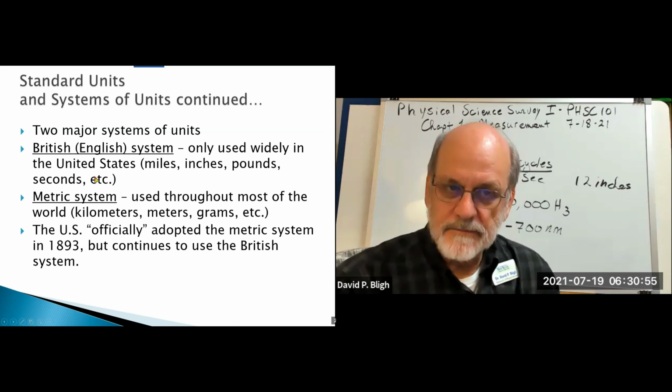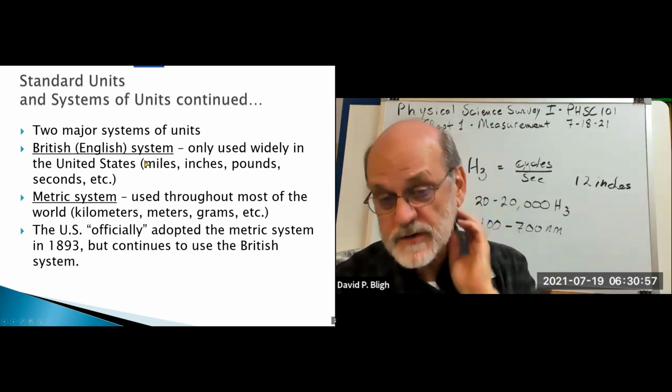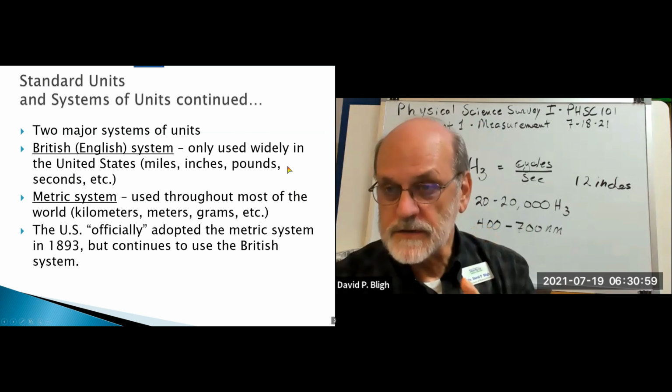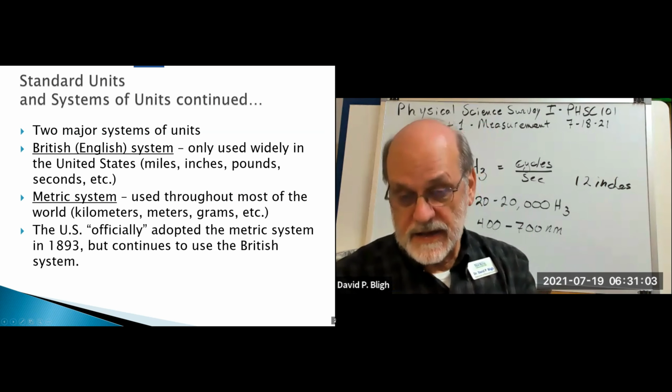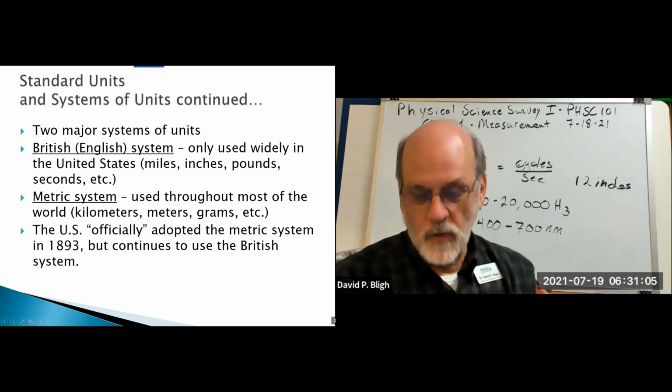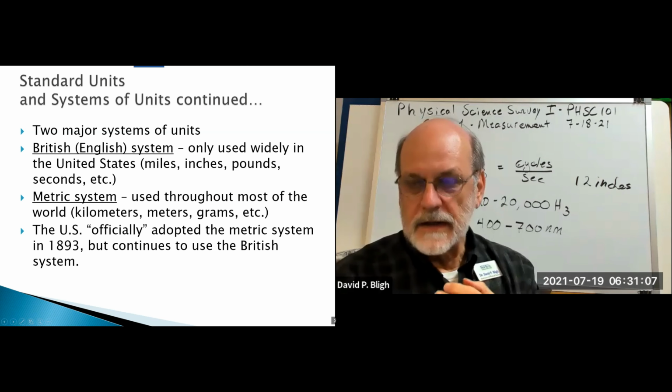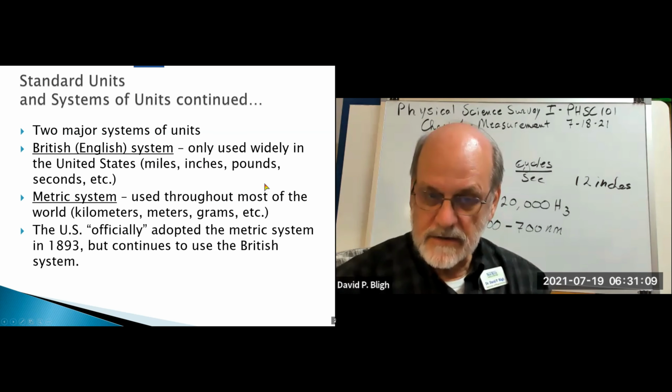The metric system and the British system, the problem with the British system is these units, they're related in odd ways. They're not uniform in the same way that the metric system is.